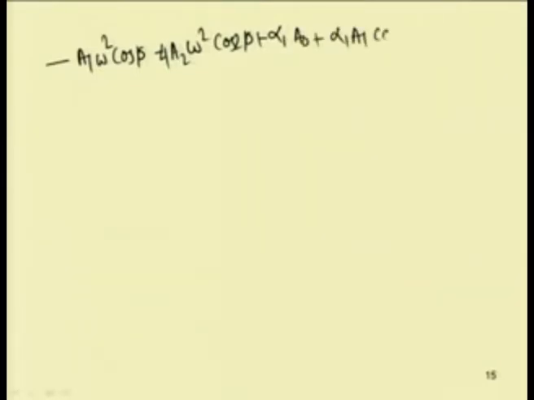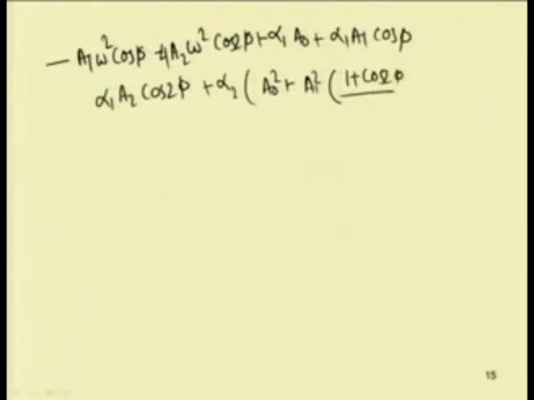So, by expanding that, one can write this expression, and that will be equal to minus A1 omega square cos phi minus 4 A2 omega square cos 2 phi plus alpha 1 A0 plus alpha 1 A1 cos phi plus alpha 1 A2 cos 2 phi plus alpha 2 into A0 square plus A1 square into, so that cos square terms one can write in this form, 1 plus cos 2 phi by 2, plus A2 square into 1 plus cos 4 phi by 2.